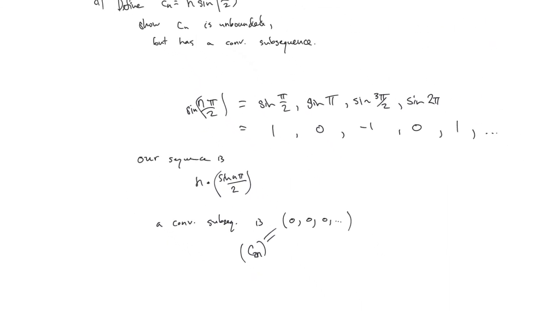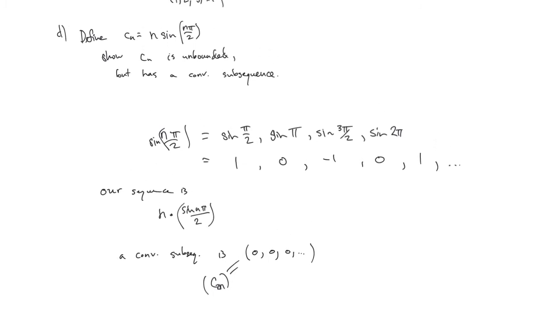Why is it bounded? No, it is unbounded. Why is that? N times sine of n pi over 2. Anybody feel like that's unbounded?